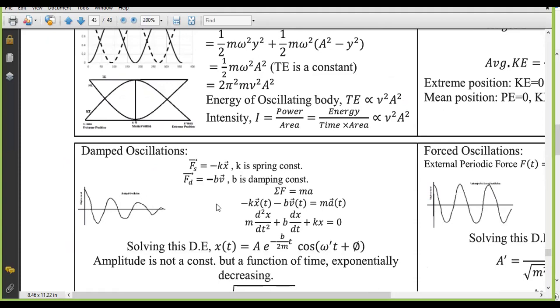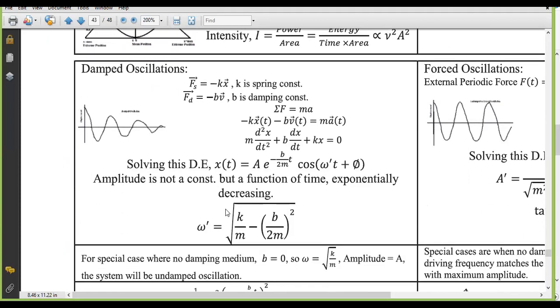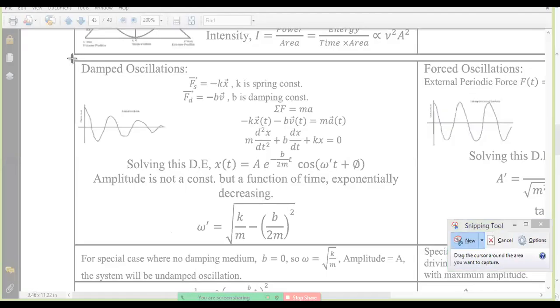So it keeps on decreasing. Since we are not talking about forced oscillation, we are talking about damped oscillation. Let me copy this and let's see if I can make use of these formulas.